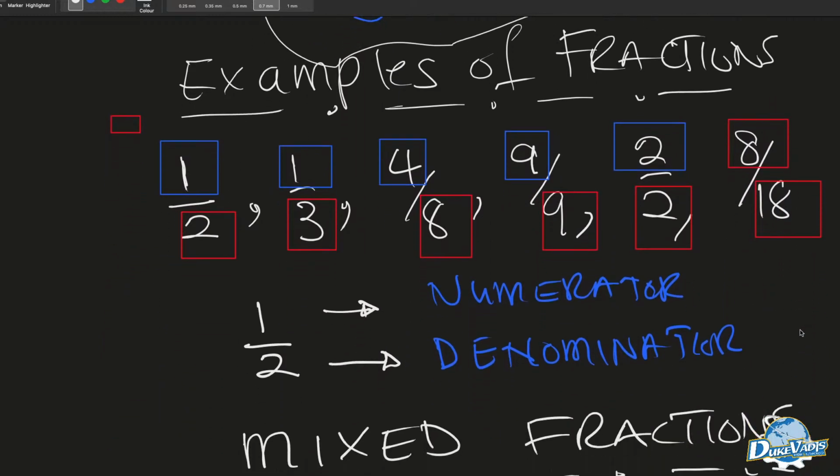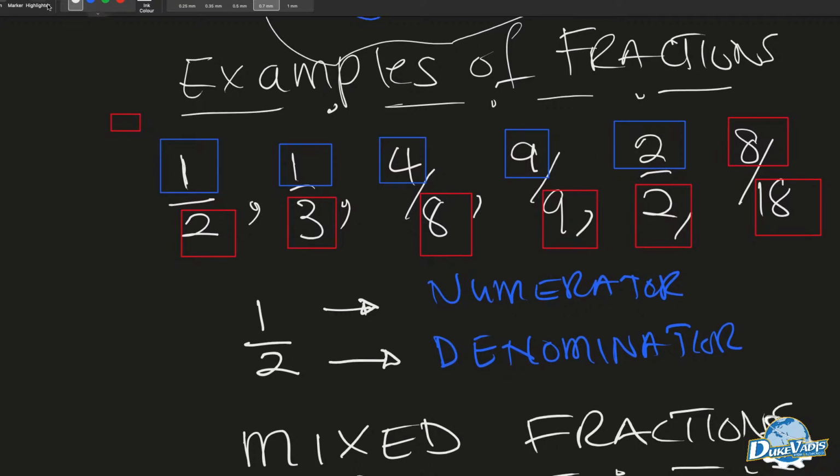Then we looked at examples of fractions. We saw that all the top numbers are called the numerators. So we distinguish between the two with different colors. Here, as we saw earlier, we have been able to identify the numerator and the denominator.